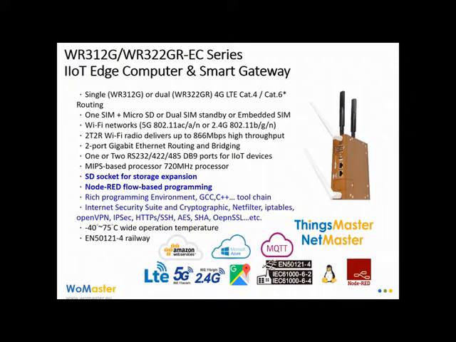For the SIM card, you can choose the one SIM card with the micro SD or dual SIM card or the eSIM. For the Wi-Fi path, you also can select the 5G AC, 11AC, or the 2.4G BGN to receive the Wi-Fi radio. The speed up to the 866 megabps, 2 Giga Ethernet ports, routing and bridge mode.